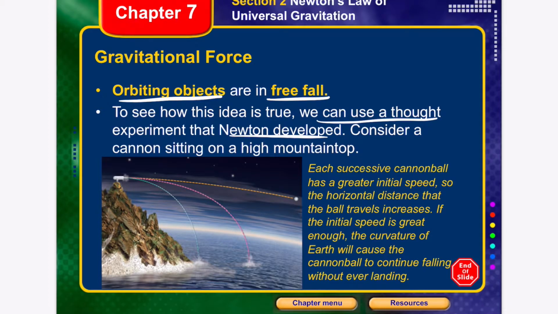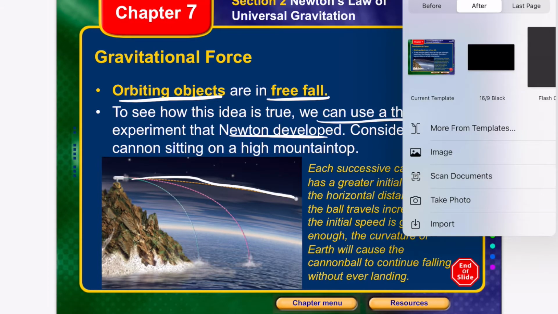Consider a cannon sitting on a high mountaintop. Whenever you increase the speed, at some point the body will not come down to the ground, but will rather graze the surface of the Earth. For example, let's say this is the Earth and you have a cannon right here, projecting an object. You start with an initial speed, then give it some more speed, and it lands farther away.